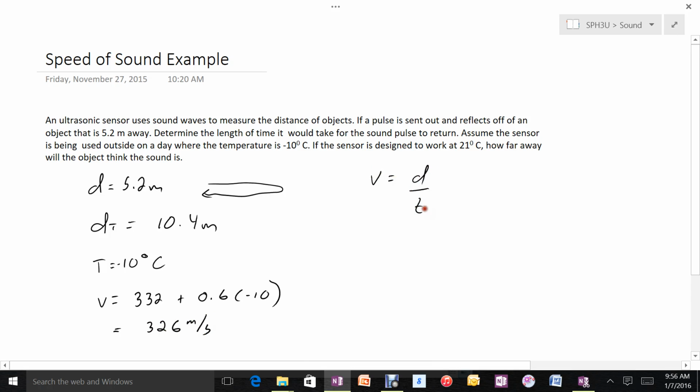And again, the speed of sound is constant, so we can use the uniform motion equation, v equals d over t, to solve for time. 326 meters per second equals 10.4 meters over t. Multiply both sides by t, then divide both sides by 326.